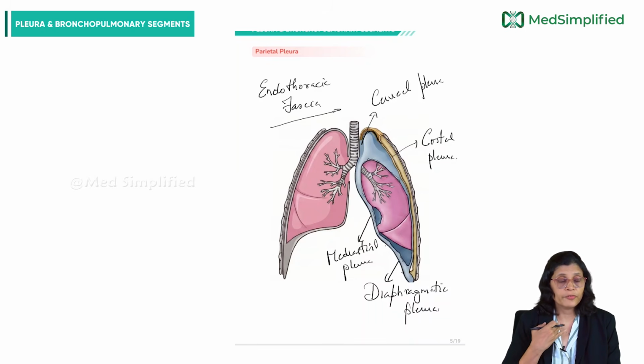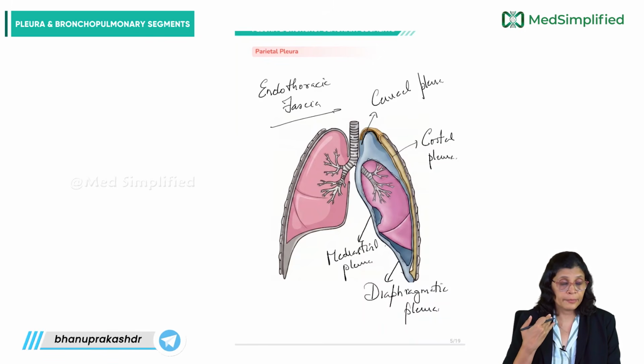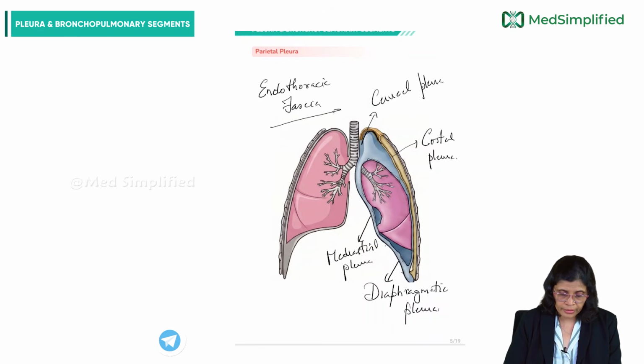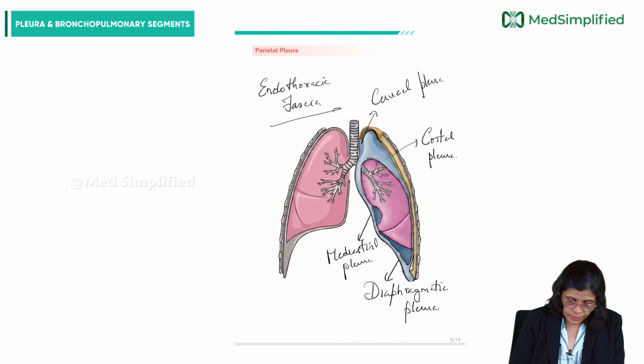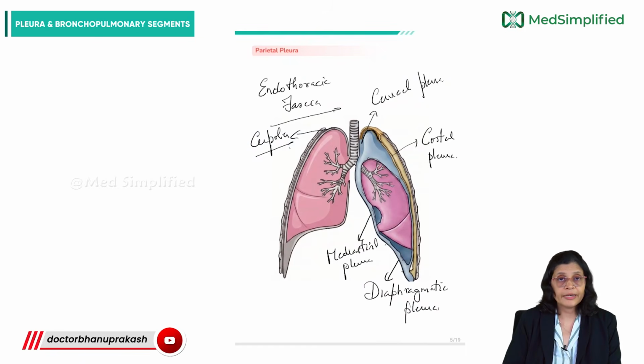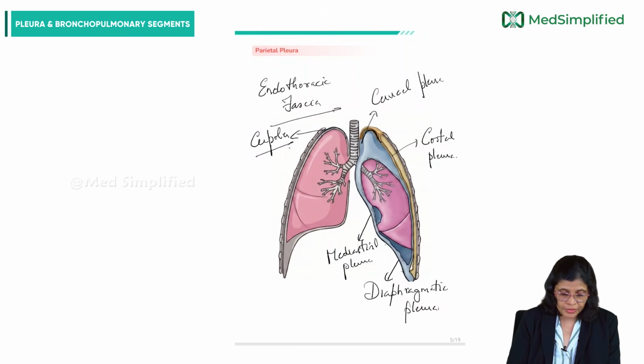Up to that it extends, and this part we call the cupola, and it covers the apex of the lung.